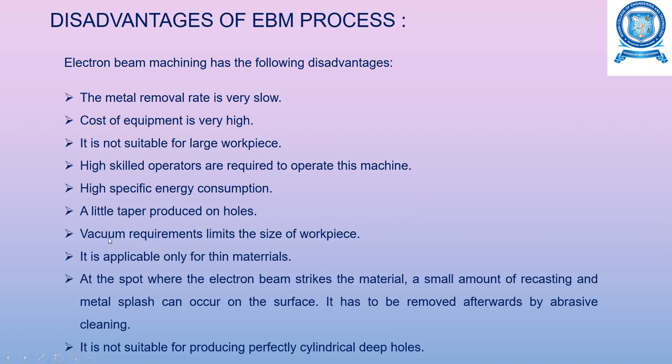The vacuum requirement limits the size of the workpiece, and only thin materials are applicable. At the spot where the electron beam strikes the material, a small amount of recasting and metal splash can occur on the surface, which has to be removed afterwards by abrasive cleaning. It is not suitable for producing perfectly cylindrical deep holes.